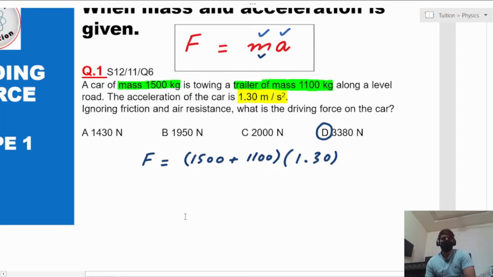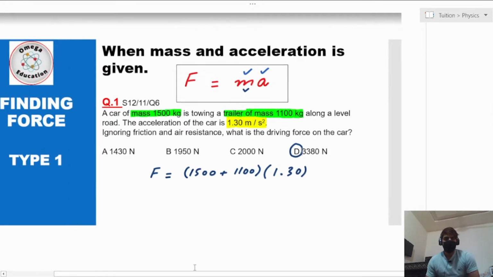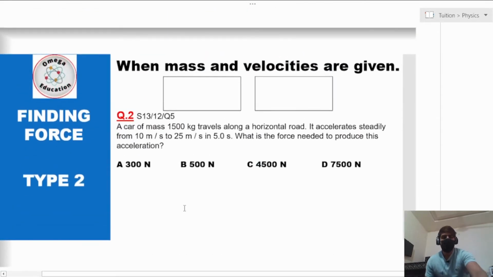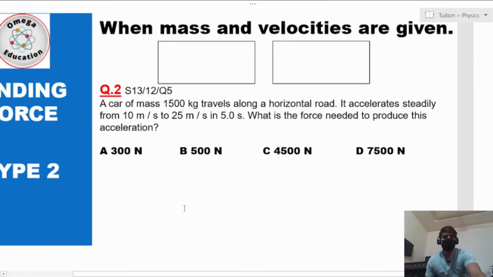All right, let's move on to the next one. The second case is pretty much similar to the first case. The only difference is the acceleration is not given straightforward.